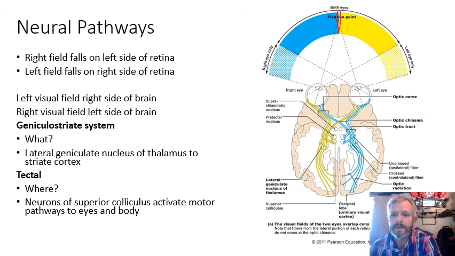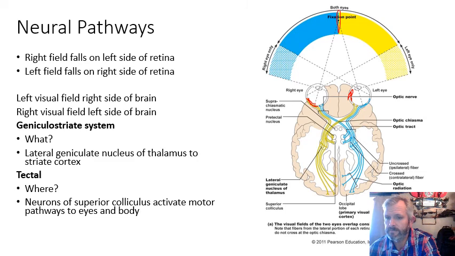All right, in here, this part of the left visual field is only going to hit this part of the left eye. It's going to hit the medial side, whereas this part of the right visual field is going to hit the lateral side of the right.